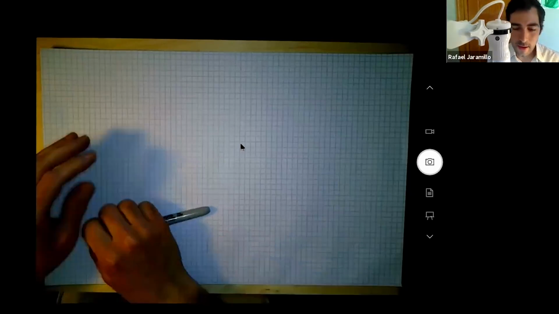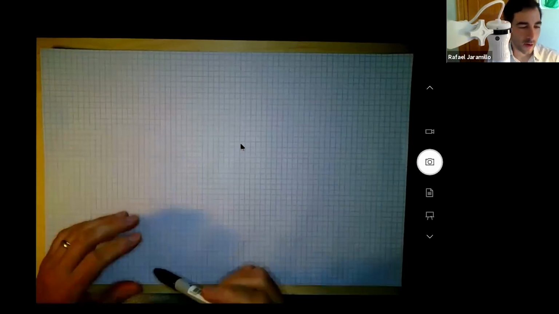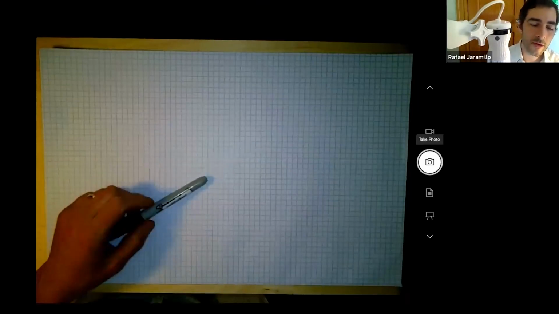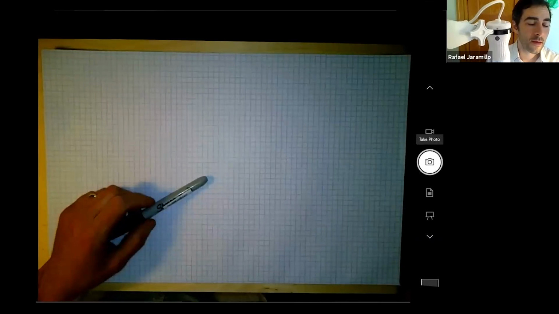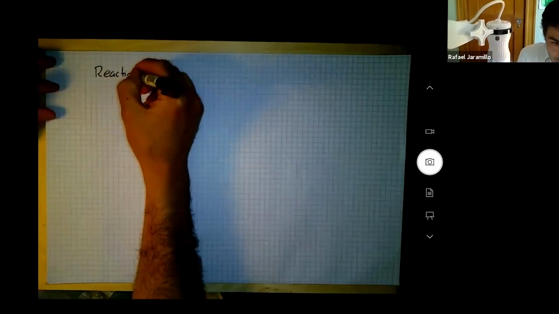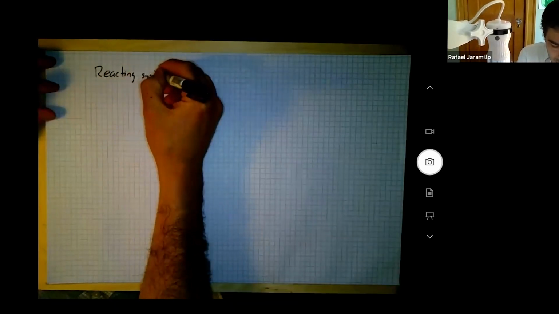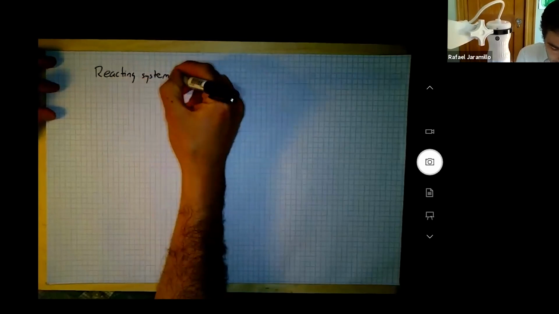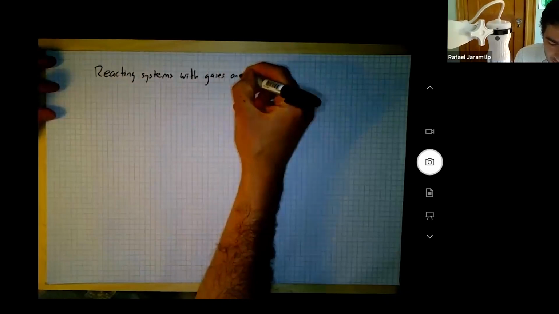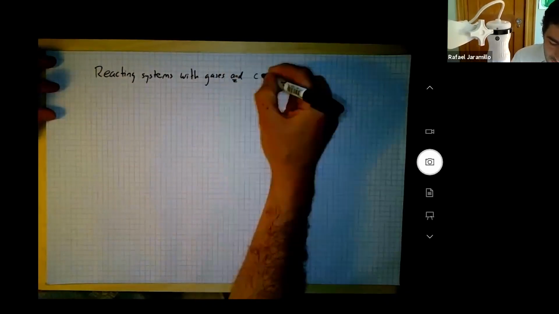Anyway, that's next week. Today, we're going to work an example, which pulls together some concepts which we've been using the last couple lectures. So this is what we're going to work on today. Reacting systems that have gases and condensed phases.